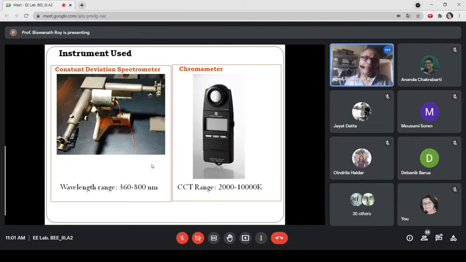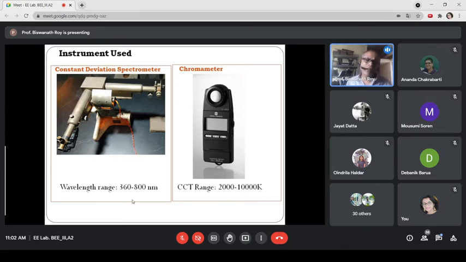With the help of the constant deviation spectrometer, we can measure the wavelength of different colors present in the incident radiation. The wavelength range of the instrument is 360 nanometer to 800 nanometer. There is no use going beyond that, because we cannot see beyond this.